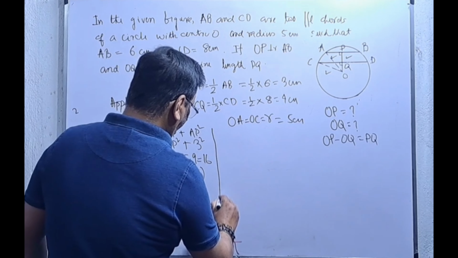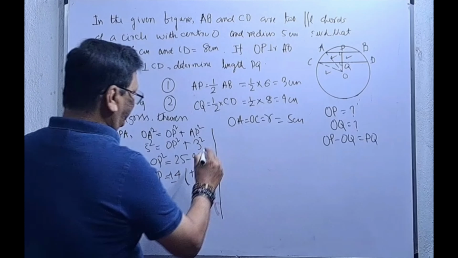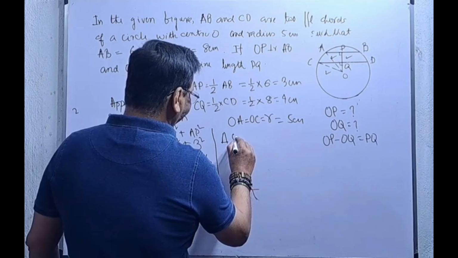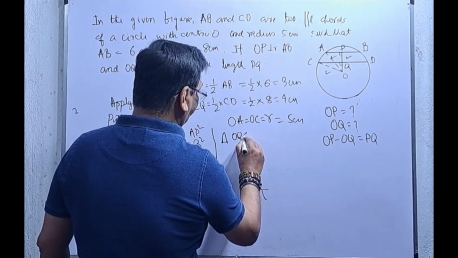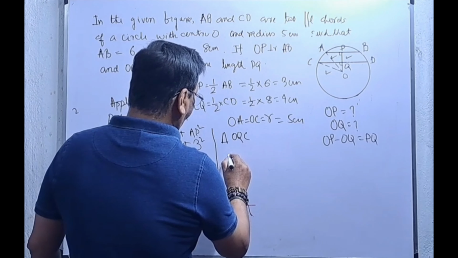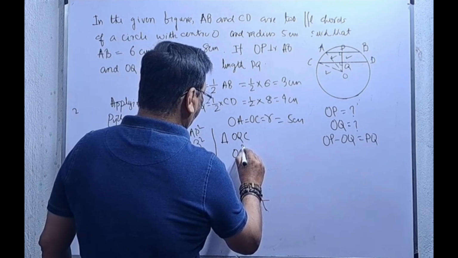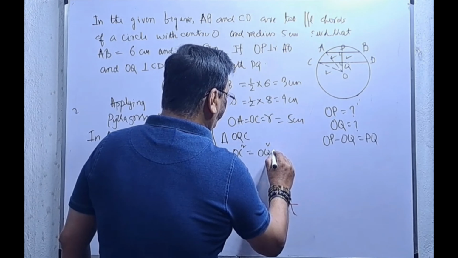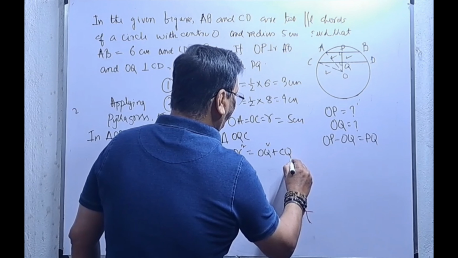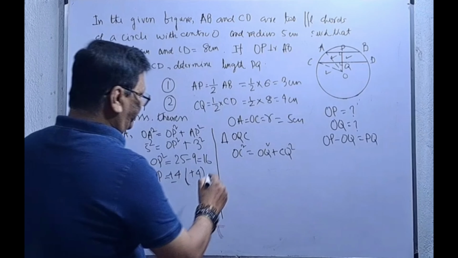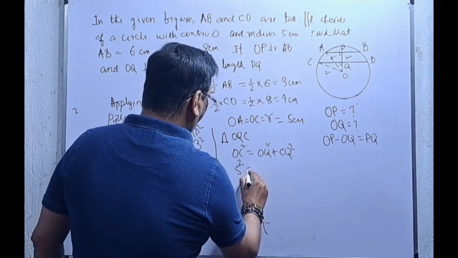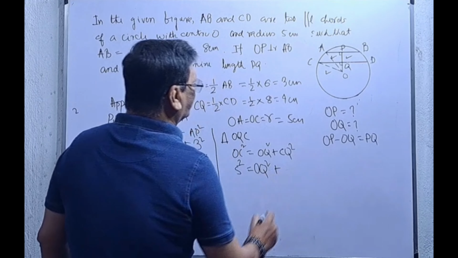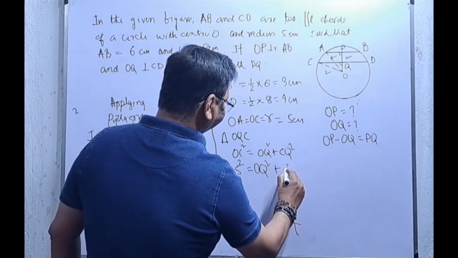Similarly, applying Pythagoras theorem in triangle OQC, we get OC square is equal to OQ square plus CQ square. So 5 square is equal to OQ square plus 4 square.